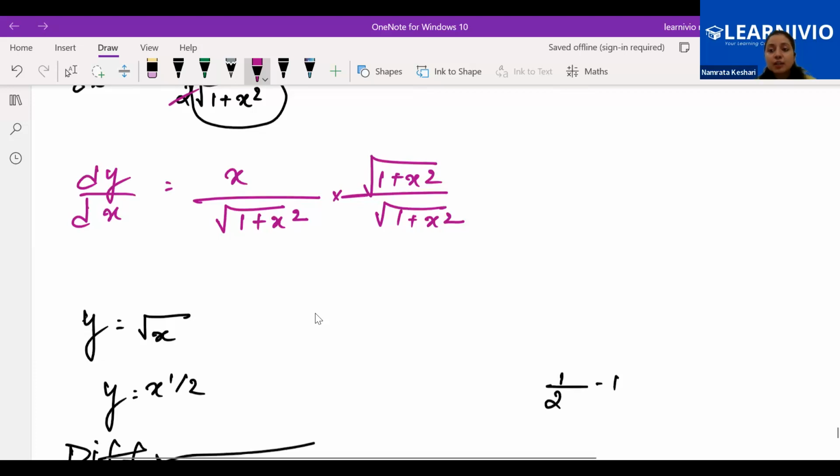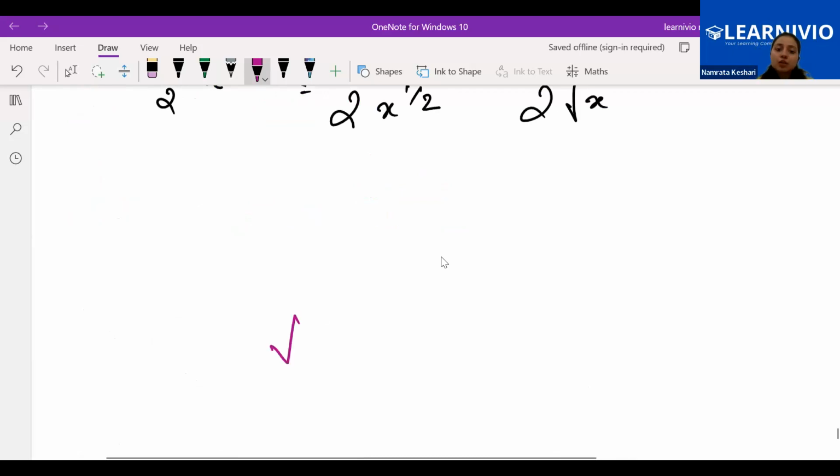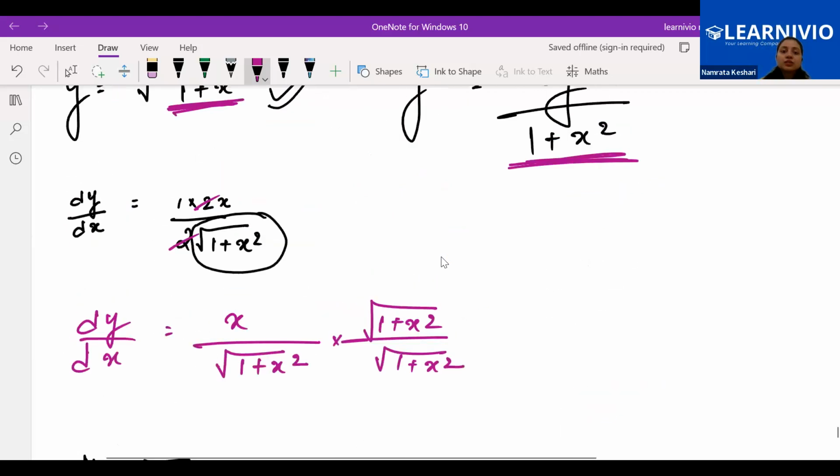So how will we get rid of this root sign? By doing the multiplication of the same term. If you are having in the denominator root 5, but in the proof part there is just 5, that means you can multiply one more root 5. Getting it? Yes, ma'am.